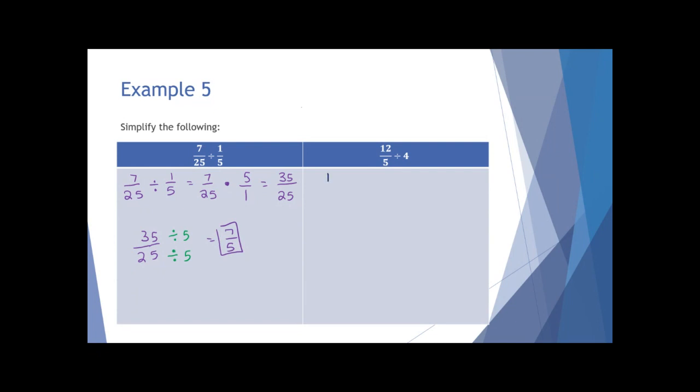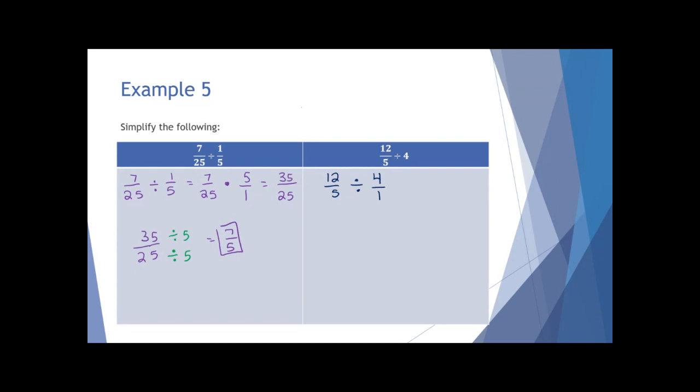Now, the 12 over 5 here on the right, it's divided by 4. If you have a whole number, you can always turn it into a fraction by writing it over 1. So I'm going to first rewrite that division as 4 over 1 instead of 4.